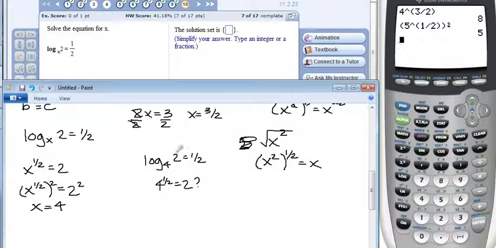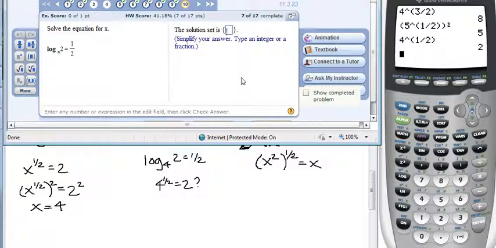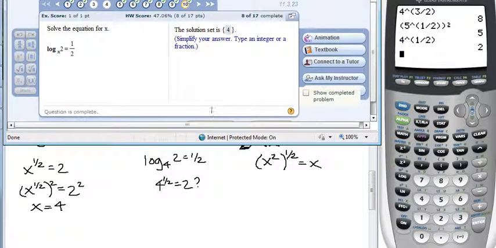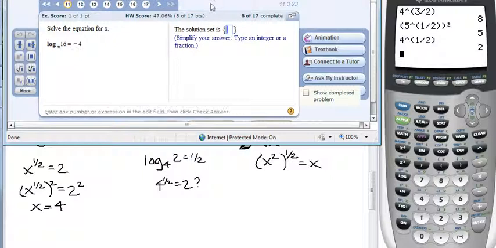This raised to that power is this. Well, let's try it. 4 raised to the 1/2 power is indeed 2. Okay? So your solution set is indeed 4. So at least you can check it exponentially.